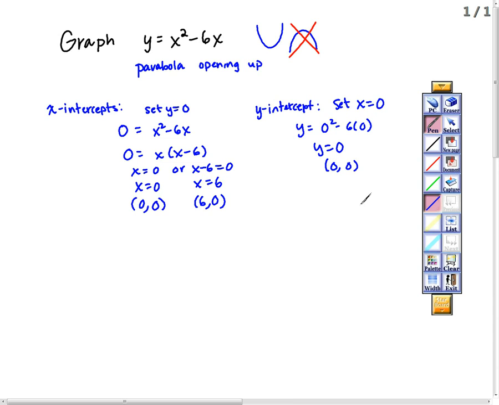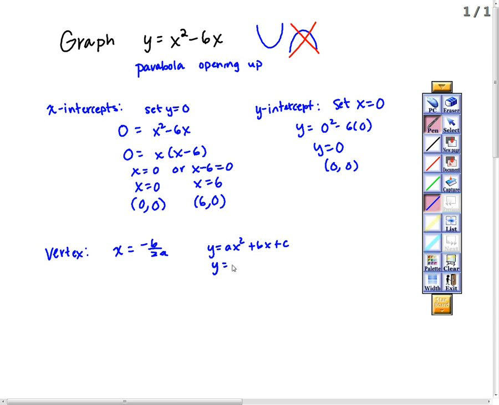Okay, so this is a parabola. We can just plot those points and plot other points if we want to, but let's go ahead and try to find the vertex. There are several different ways to do it. I like to just memorize the x-coordinate. The x-coordinate of the vertex is negative b over 2a, if y equals ax squared plus bx plus c.